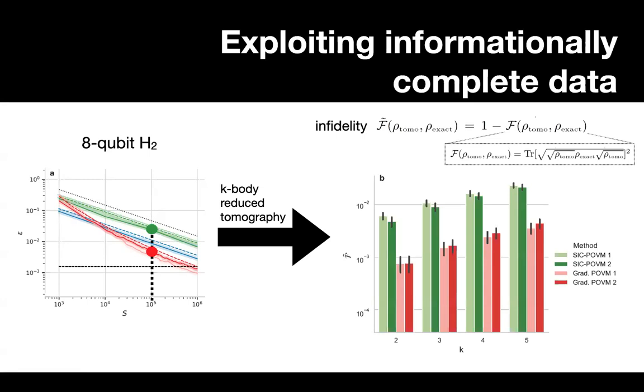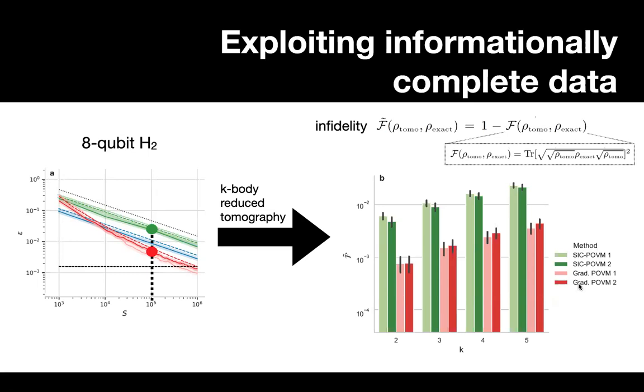So we calculate reduced tomography of pairs, triplets, 4-body reduced density operators, 5-body reduced density operators. And here, what we do is to calculate the infidelity, which is 1 minus the fidelity of the tomographically reconstructed versus the exact density operator.